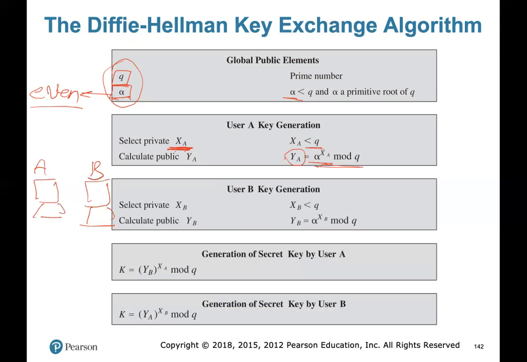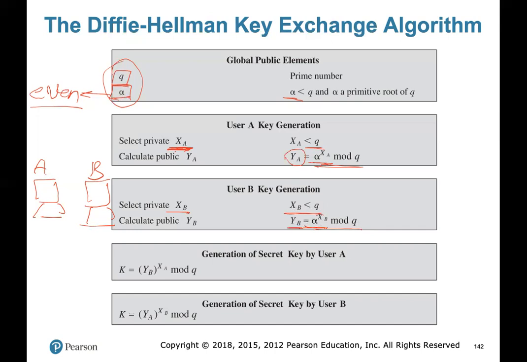The same operation happens at the Bob side. Bob finds a private number for itself, and we call it XB. XB, of course, is a number smaller than Q. And Bob calculates alpha to the power of XB mod Q and calls it YB.